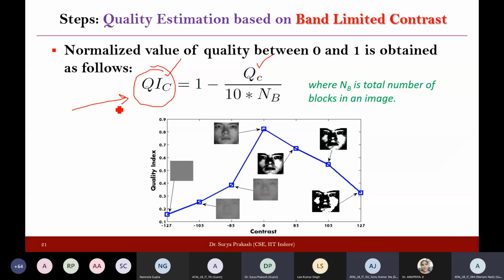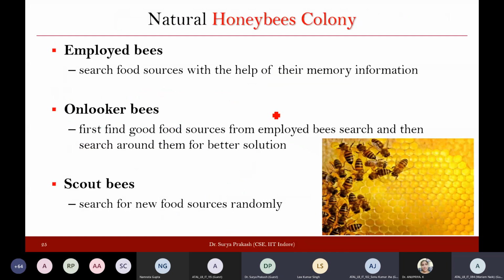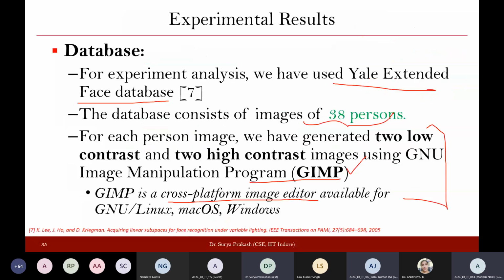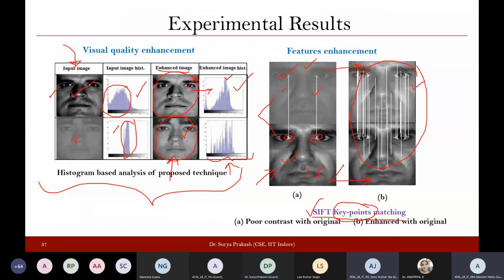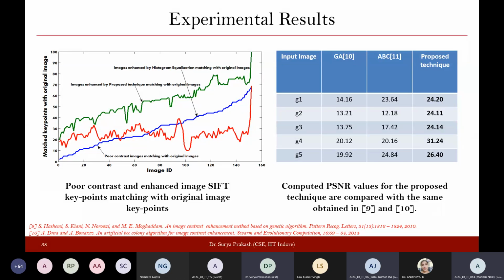So you see that in this example, the quality value decreases when the contrast is decreasing, and when the contrast is at an acceptable value, at that time this is the highest. Okay. So based on this, we are defining the objective function here. I hope this helps you in understanding.